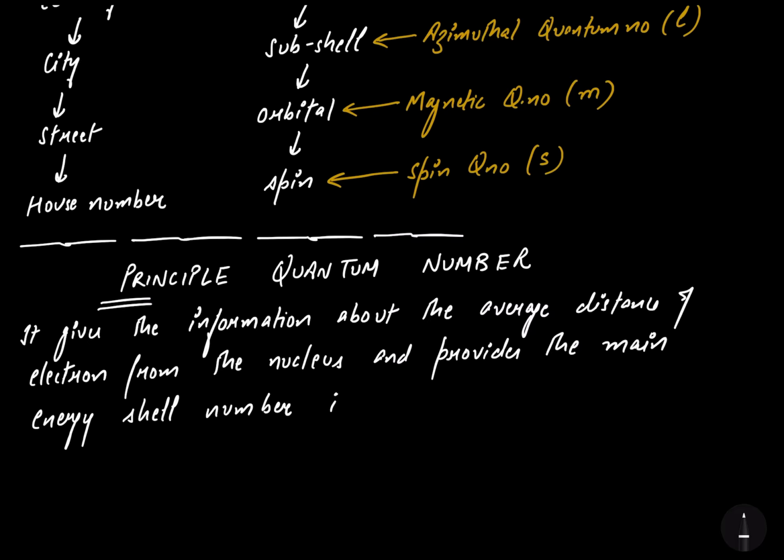As the main energy shell number increases, the average distance of the electron from the nucleus also increases, and this quantum number is represented by a small n.